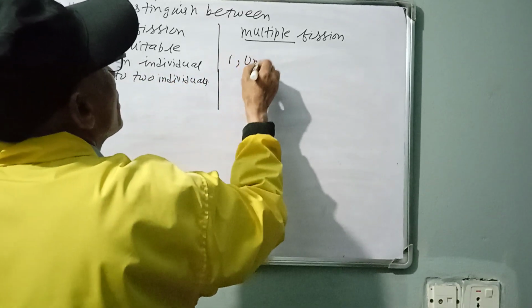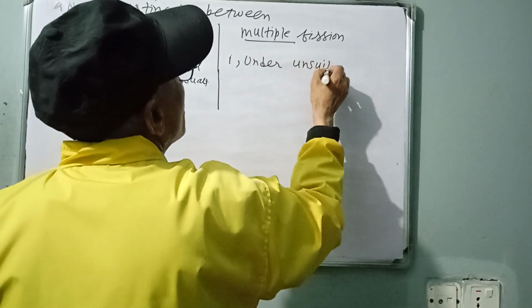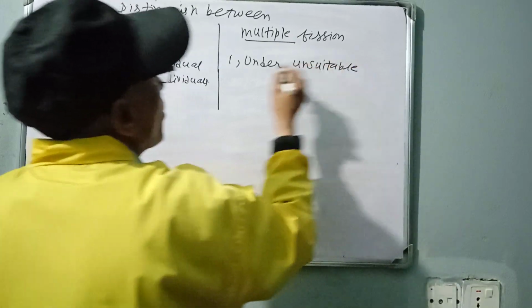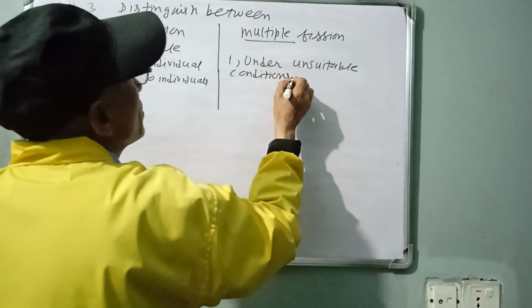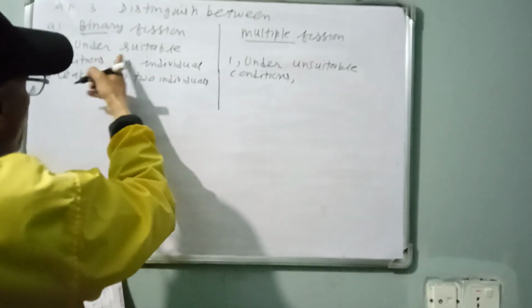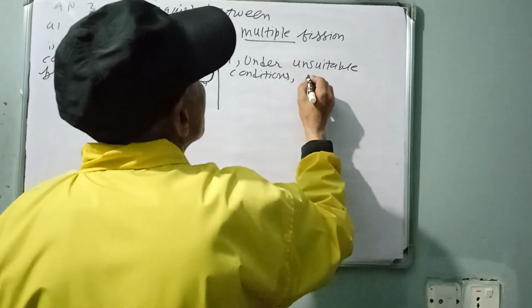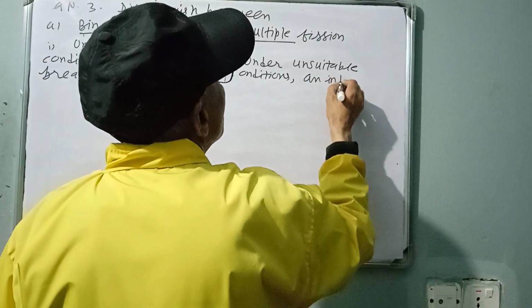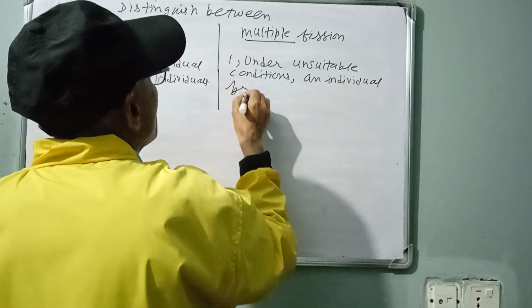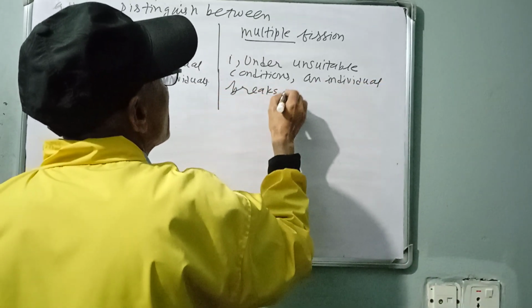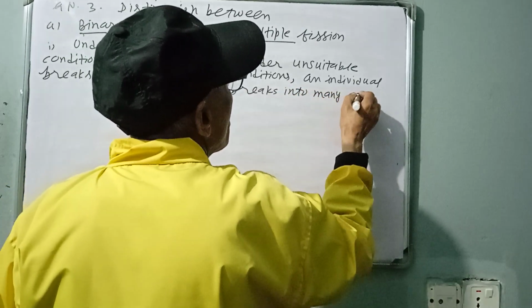Here, under unsuitable or unfavorable conditions, what happens? An individual breaks into many ones.